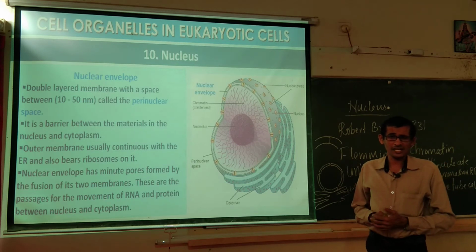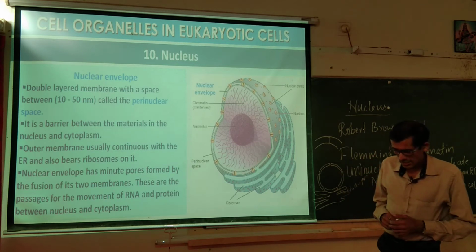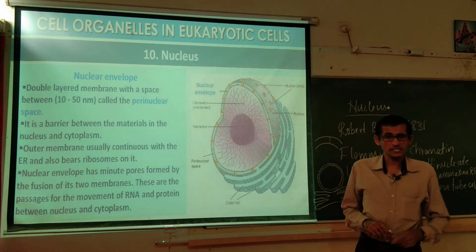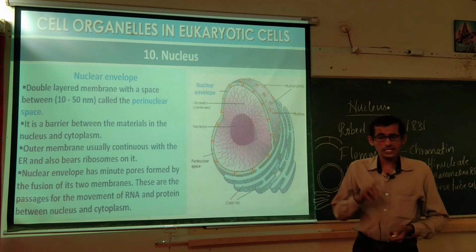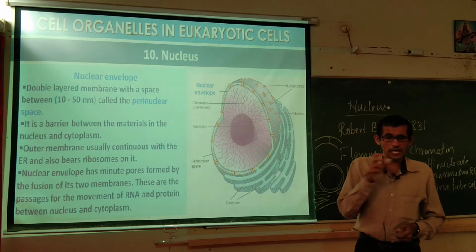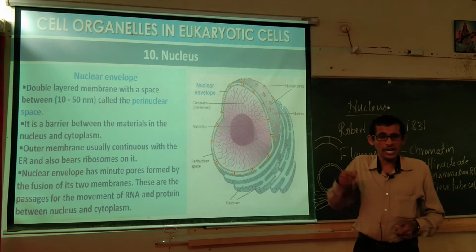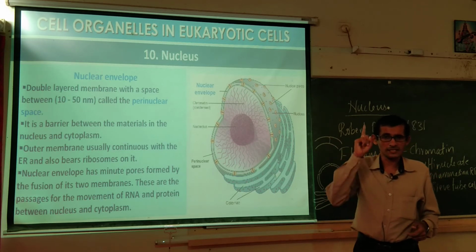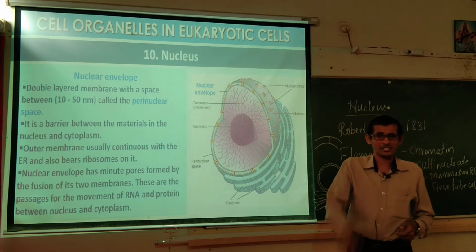So, movement of RNA, in the beginning I said that transcription, isn't it, where the DNA which is present in the nucleus is going to give mRNA, and that mRNA will travel through the nuclear pore and reach into the cytoplasm, where the protein synthesis is going to happen, because ribosomes are present in the cytoplasm, they are the protein factories.